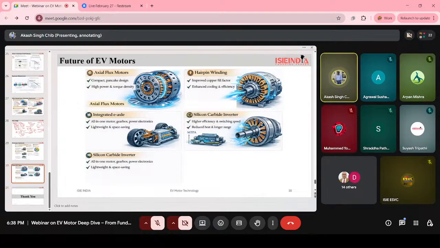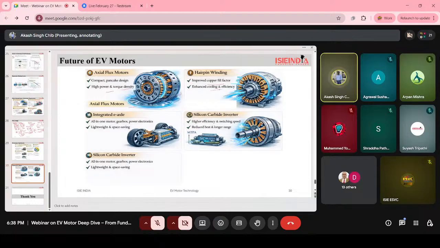It has a very compact, pancake-type design, and very high power and torque density. That's why we call it axial flux, and it can deliver more torque in less volume. Inside this comes the hairpin winding.